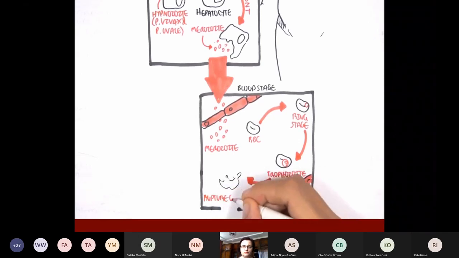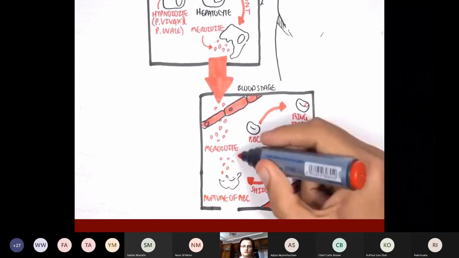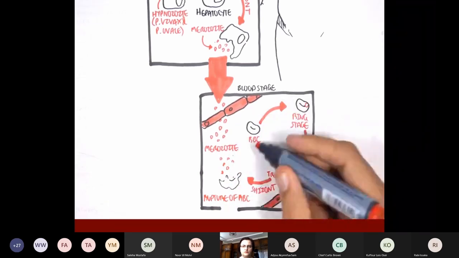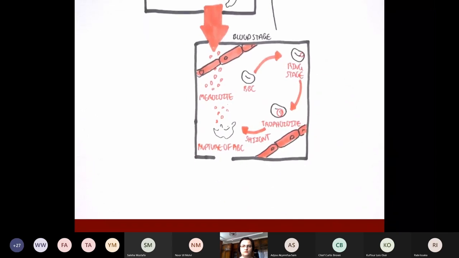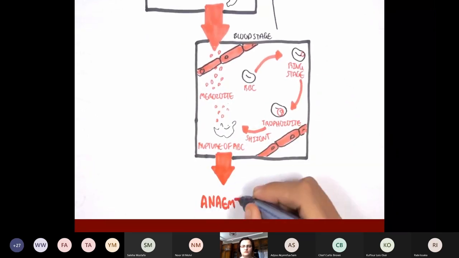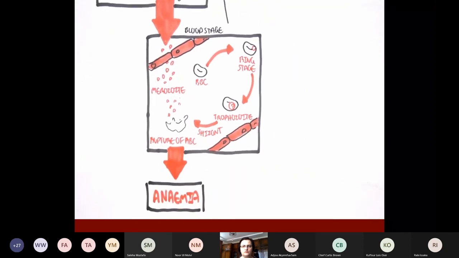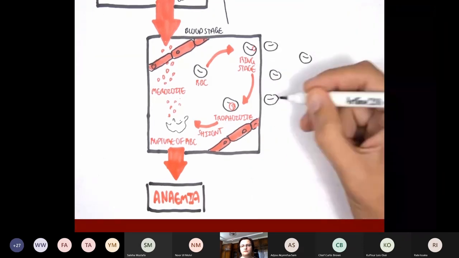This cycle can then continue, producing more merozoites. The rupturing of the red blood cells is responsible for anemia in malaria. The rupturing is also coincidental with the clinical manifestations of malaria, which, as we know, are the fever, rigor, chills, tremors.